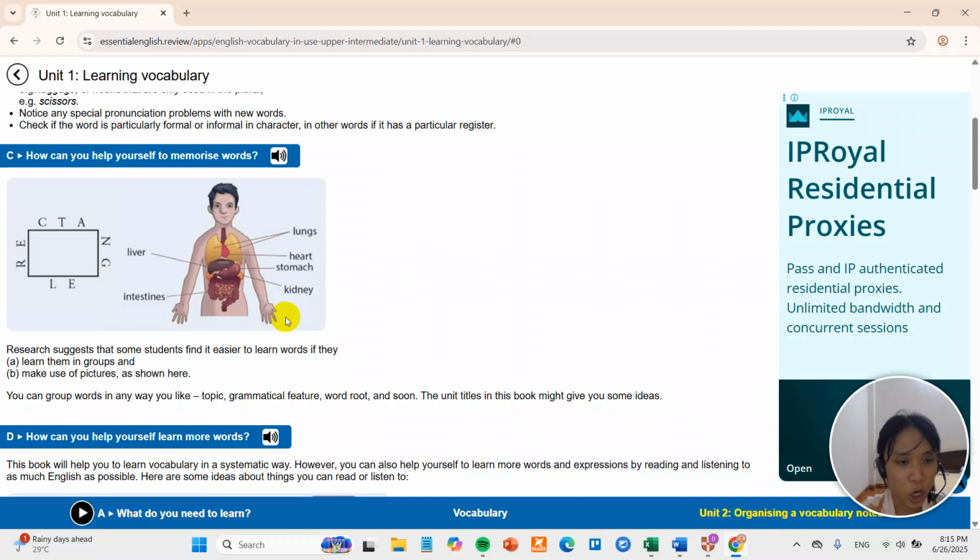Bạn có thể nhóm những cái từ vựng ở bất kỳ cái cách nào mà bạn thích. Chủ đề, đặc tính về ngữ pháp, gốc từ, và còn nữa. Những tiêu đề của các bài học trong quyển sách này sẽ cho bạn một số ý tưởng.